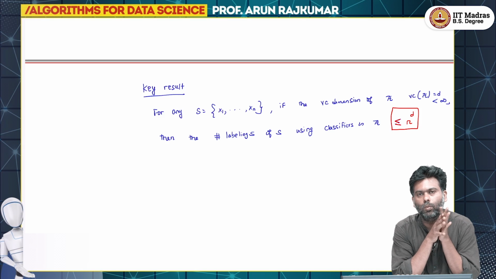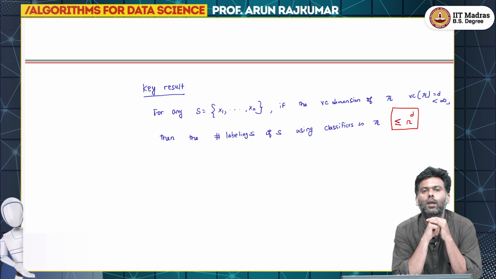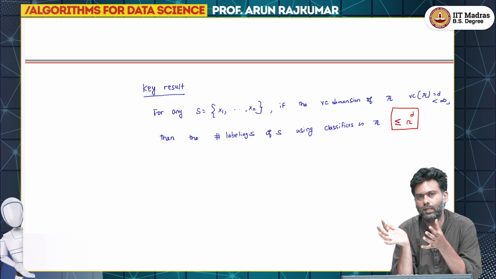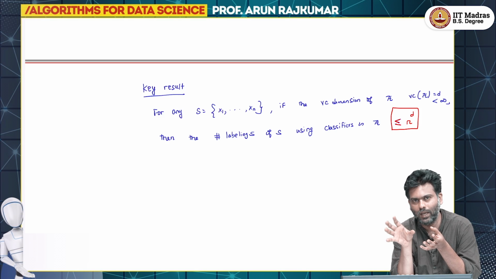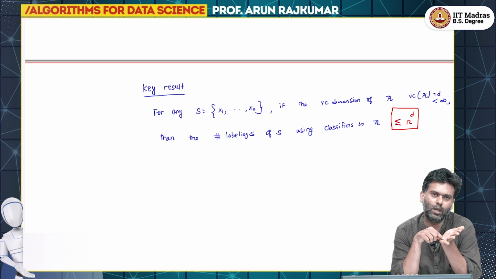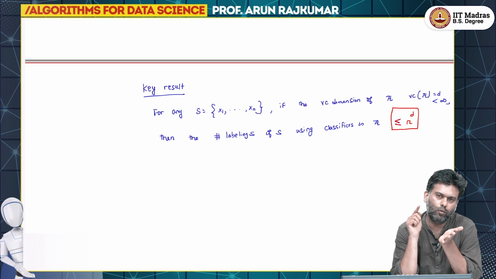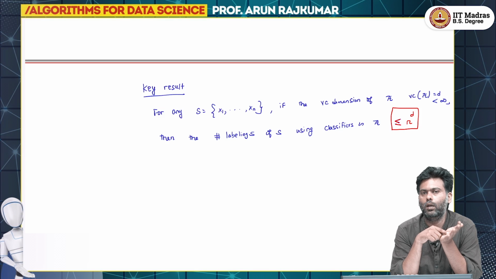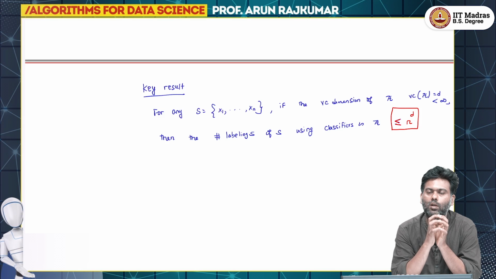So, let us take a moment to understand what this is. This is saying that I can give you any number of data points. Now, if you have a hypothesis class whose VC dimension you have figured out as d, which is some finite number which is not infinity, then if you want to figure out how many possible labelings I will get using classifiers in this hypothesis class on the data set that I gave you, it is not 2 power n, it is at most n power d, which means that VC dimension is making a structural restriction.